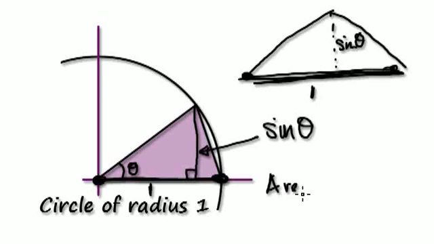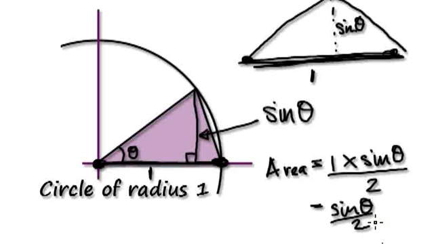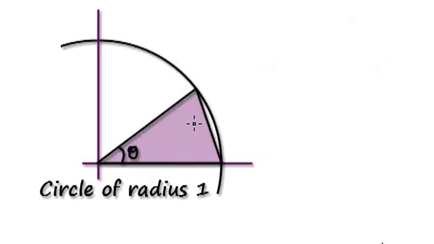So area equals 1 times the height, which is sine theta, and then cut it in half, divided by 2. So the area of this whole thing here is sine theta over 2.